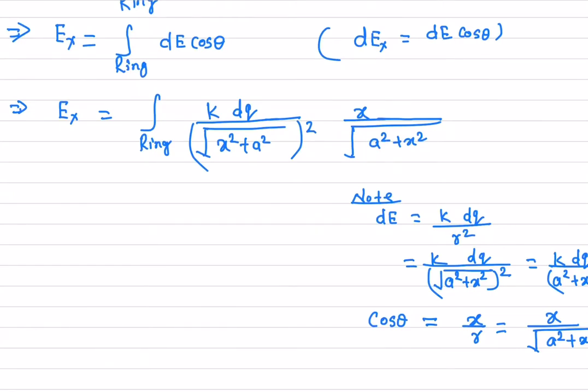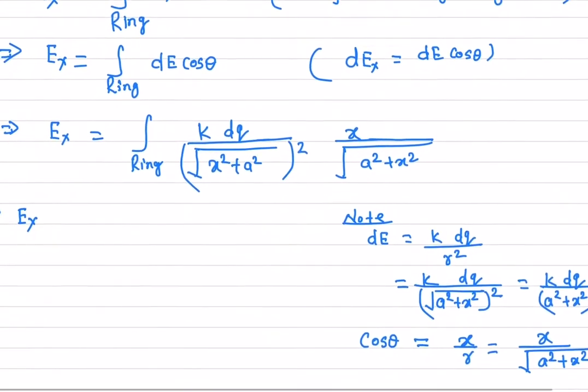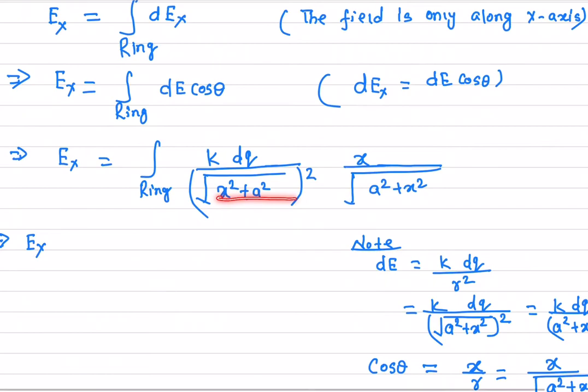Okay, so now let's take all the constants out. K is a constant, x is a constant, the distance from this point to this point, and this is also a constant.